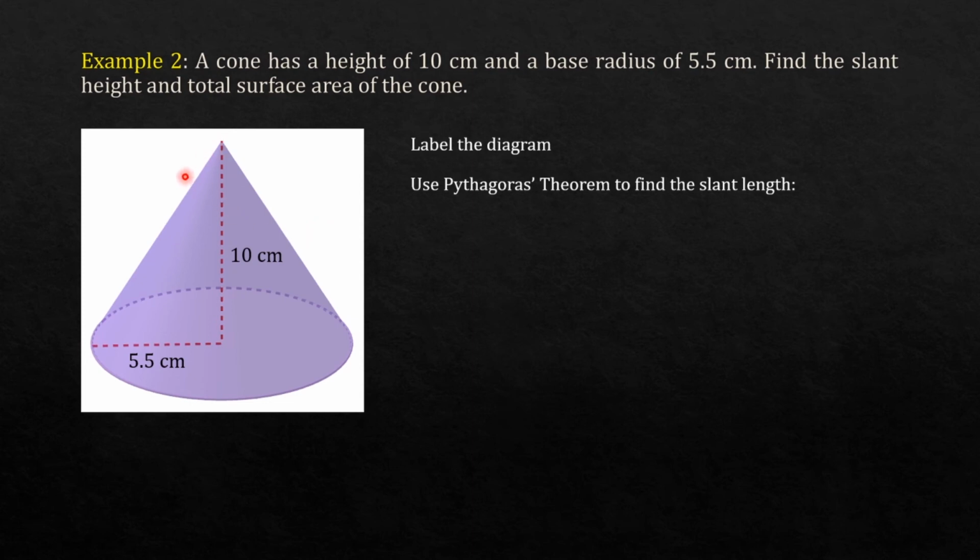We need the slant length. So we'll use Pythagoras' theorem. So we have the radius, 5.5 squared, plus the height, 10 squared, equals L squared. And this length, the slant length, is 11.41 centimeters.